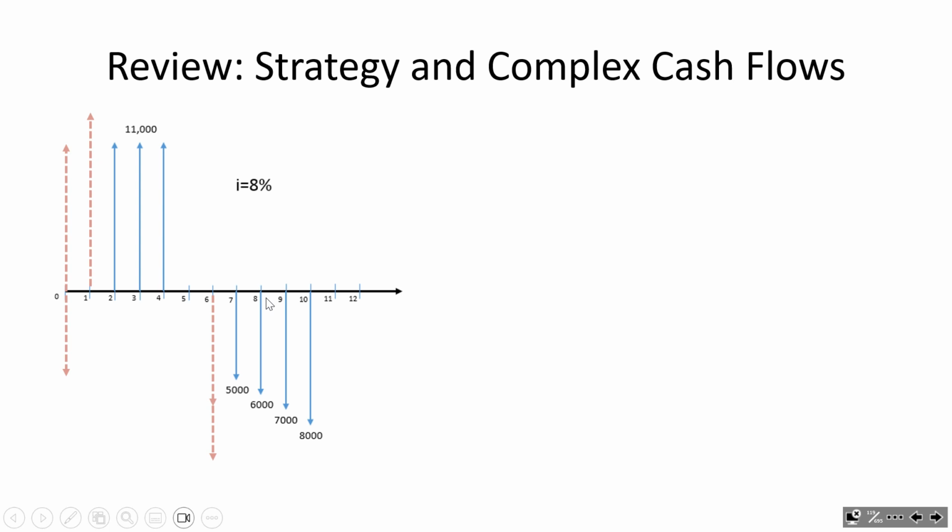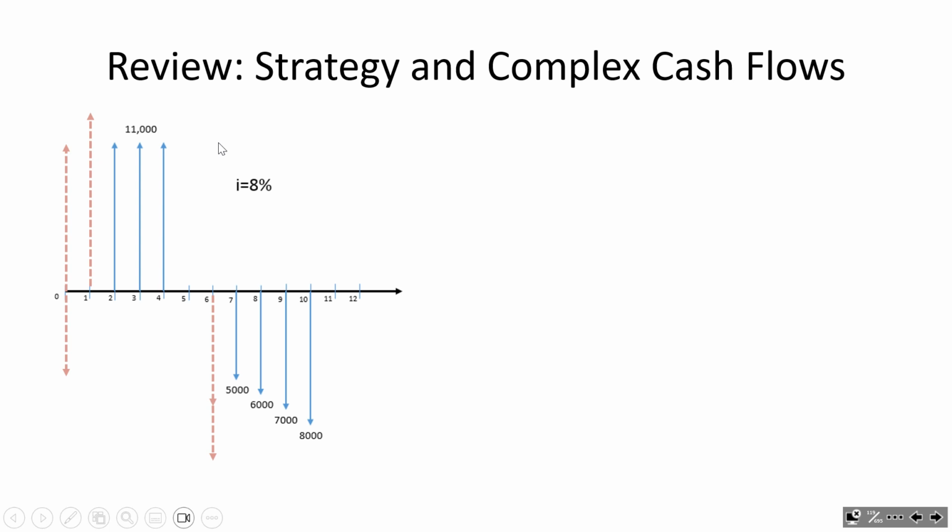Find P given F, I equals 8%, N equals 1, and then, like, what is that factor that you're going to use to multiply by the amounts? So do it kind of like in sequence. Map out the strategy, then find the factors, and then pull out your calculator and start actually calculating the amounts themselves.